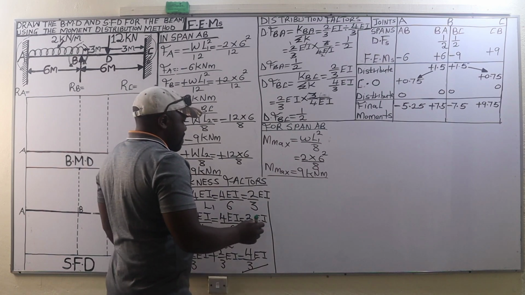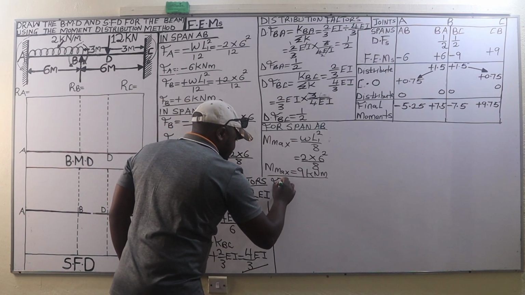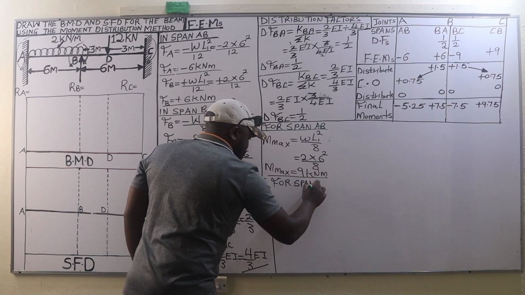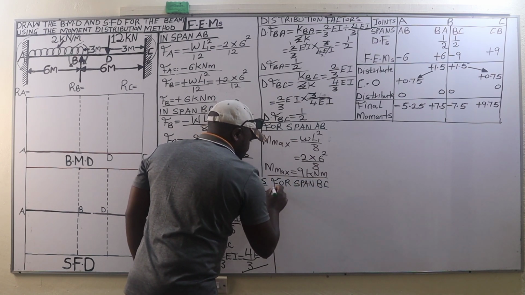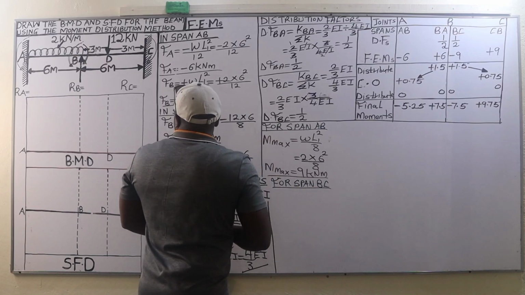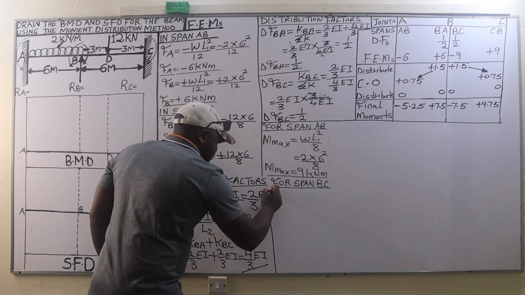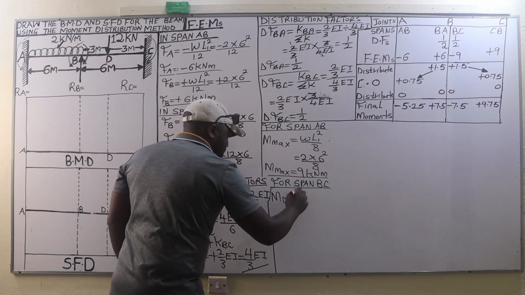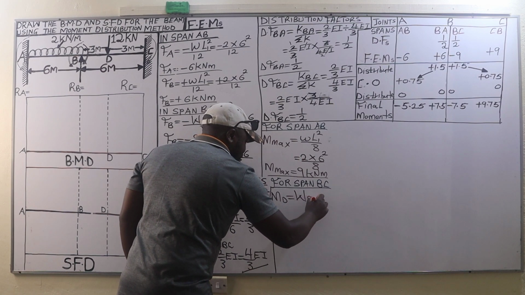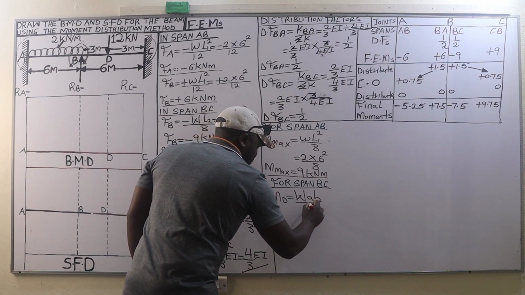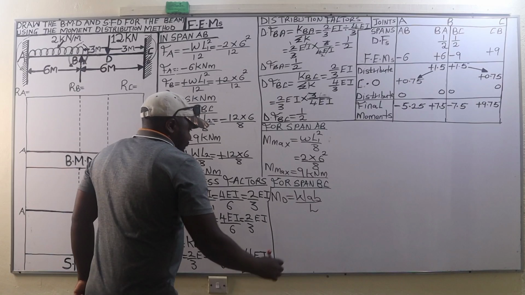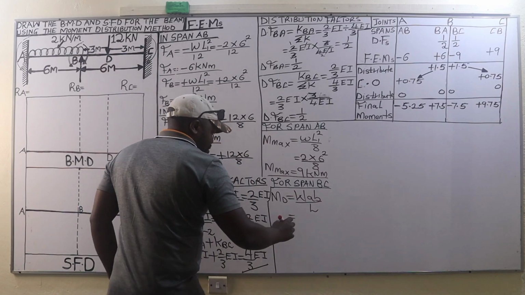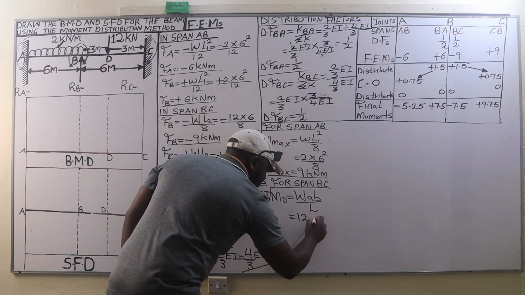Then we go to the span BC. So for span BC, for the span B to C, the bending moment at D, that is MD, will be given by WAB divided by L. And W is the point load at D, which is 12 kilonewtons.